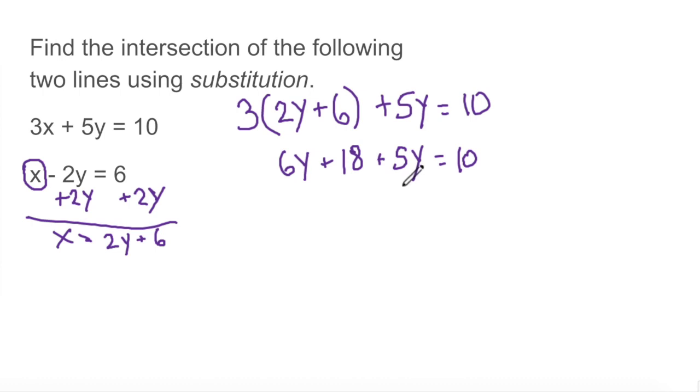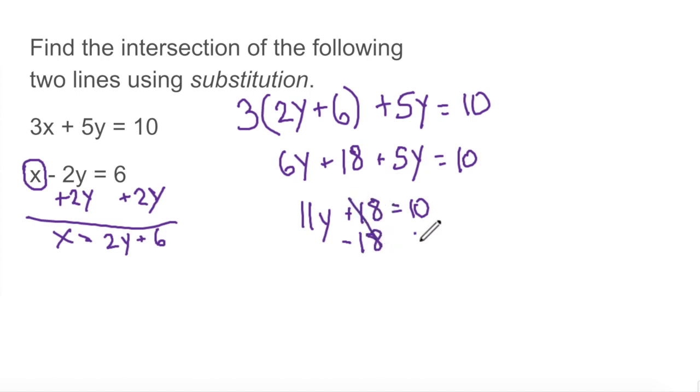Okay, let's combine like terms. Let's see, we have a 6y and a 5y. We can combine those two to just make 11y. And then we have a plus 18 equals 10. Now we need to get rid of the 18 because we're going to solve for y, right? We need to get rid of 18, so we're going to subtract 18 on both sides.